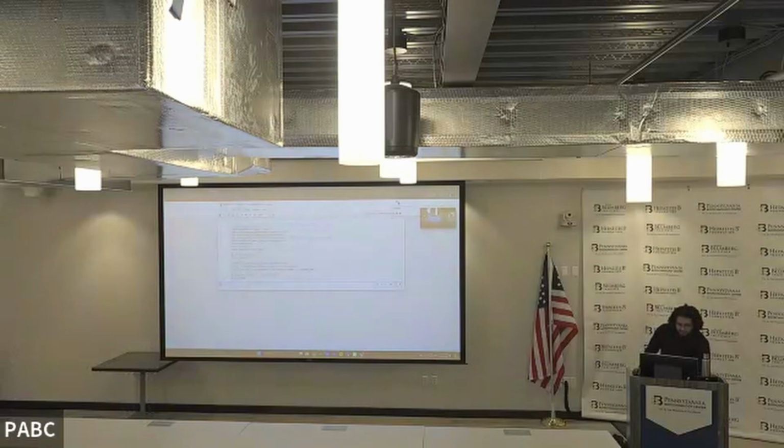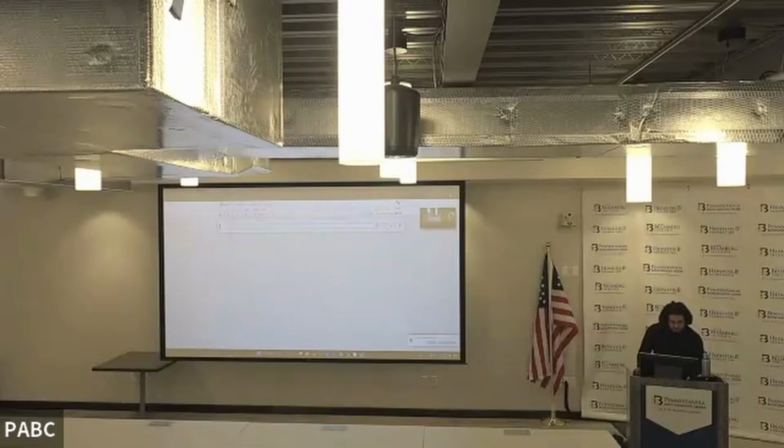So as you guys can see, I imported a lot of libraries here. The iris dataset. I'm going to import train test split, standard scaler, right?